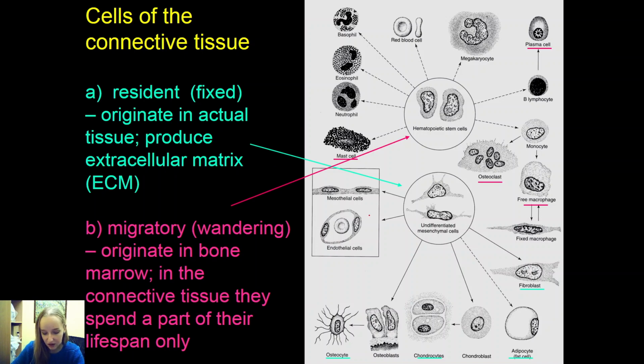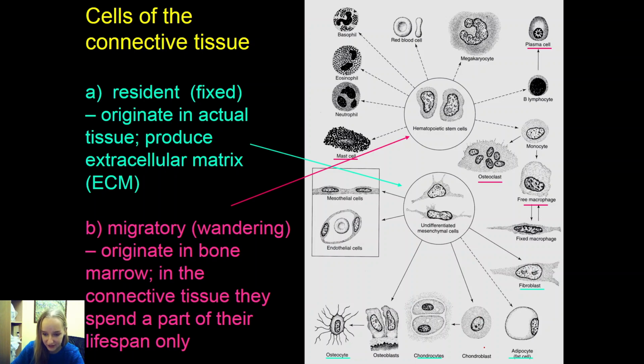Fixed cells are of mesenchymal origin. All fixed cells arise from undifferentiated mesenchymal cells. Fixed cells are permanent inhabitants of the connective tissue and form the mass. They produce the mass. Today we will be interested in chondrocytes and chondroblasts, which are their precursors.